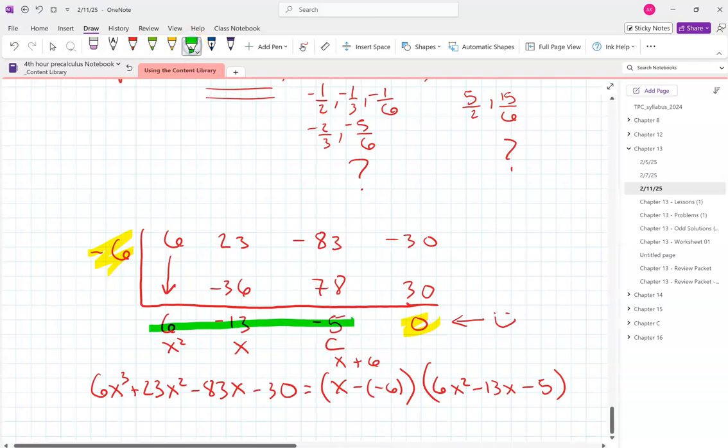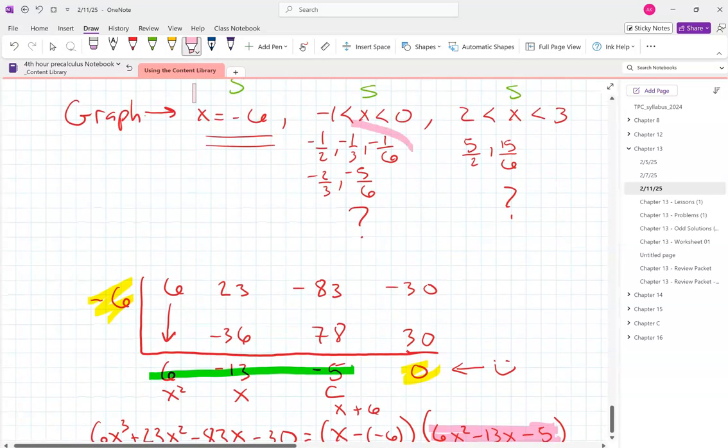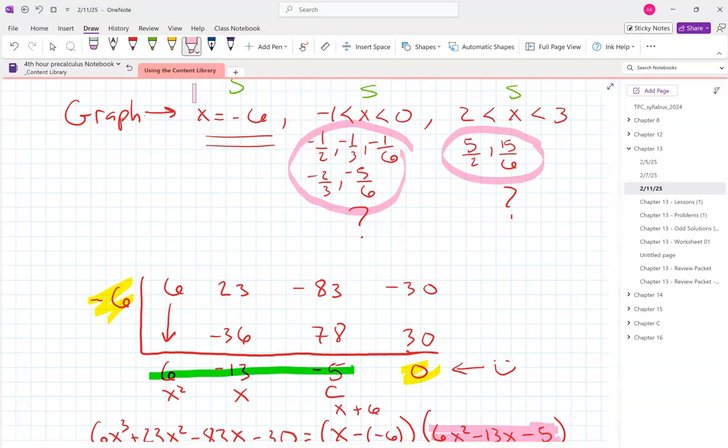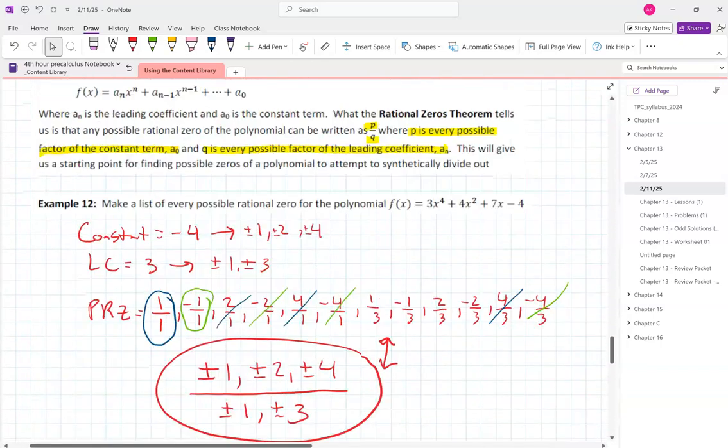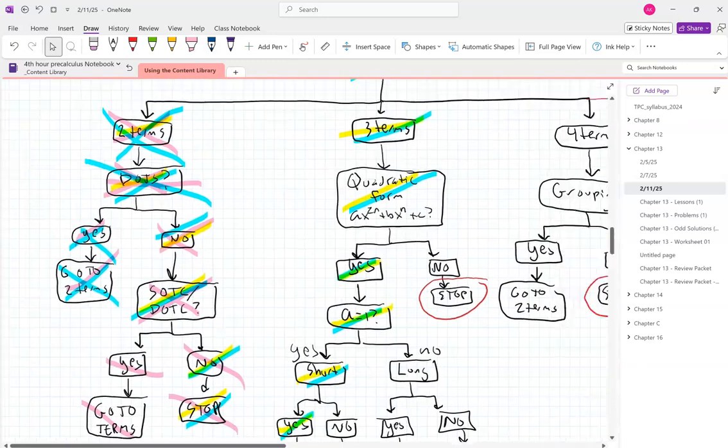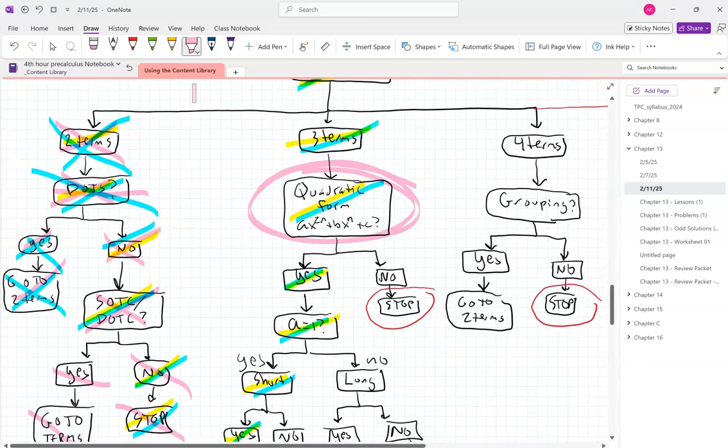So what I would do next is, this piece is not monic, right? That's a degree 2 polynomial. Perhaps that could factor some more. So I could attempt to either do a synthetic division, guessing at one of these values, or, since this is quadratic, I could default to my factoring flowchart and simply factor that as a quadratic.